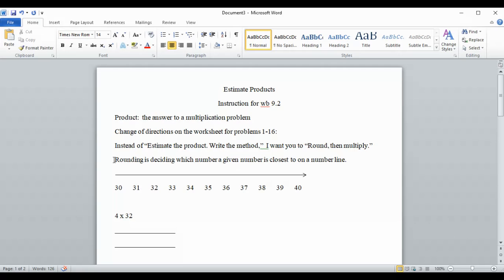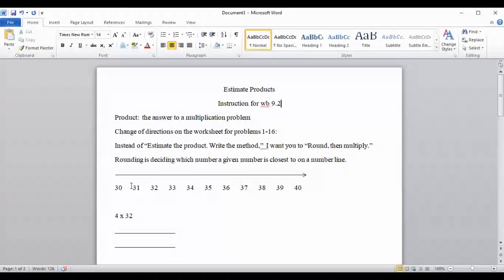So remember that rounding is deciding which number a given number is closest to on a number line. For instance, in this problem down here, 4 times 32, we are going to round the 32. Here we have a number line, and here's 32.